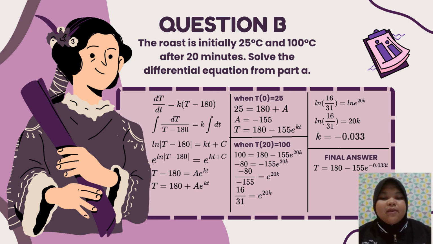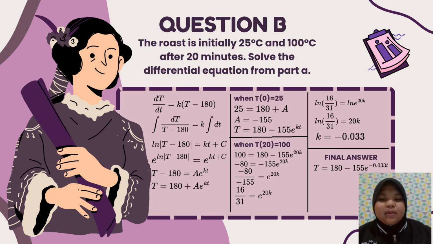This gives us the general solution T equals 180 plus A e to the power of Kt, where A is a constant that we will determine using the given conditions.